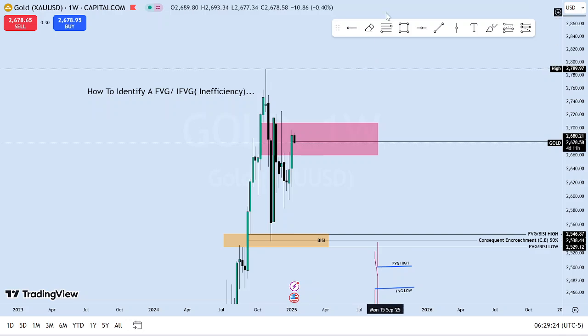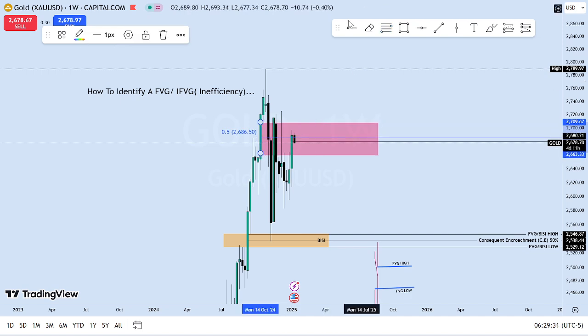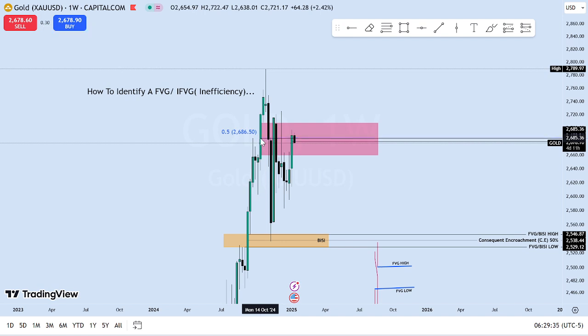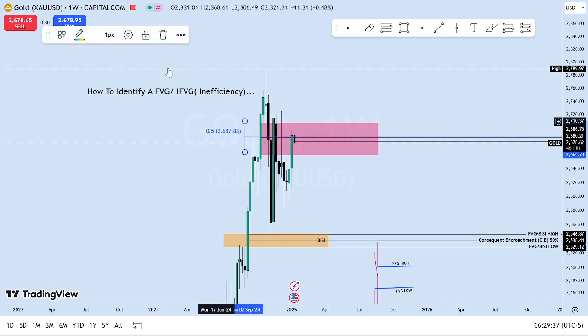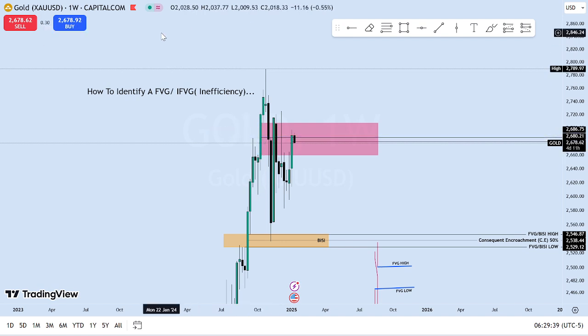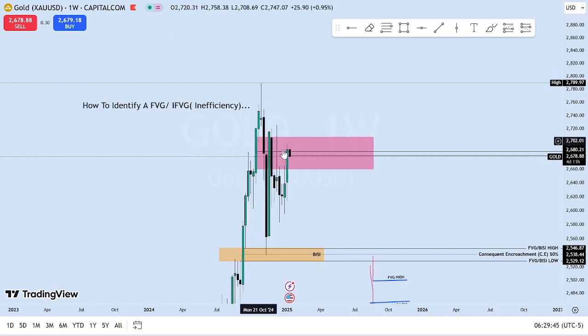You can see the half of it, the 50% of it, the blue line there. That's our 50% level, the consequent encroachment of the inversion fair value gap. For the inversion, we violated the consequent encroachment.